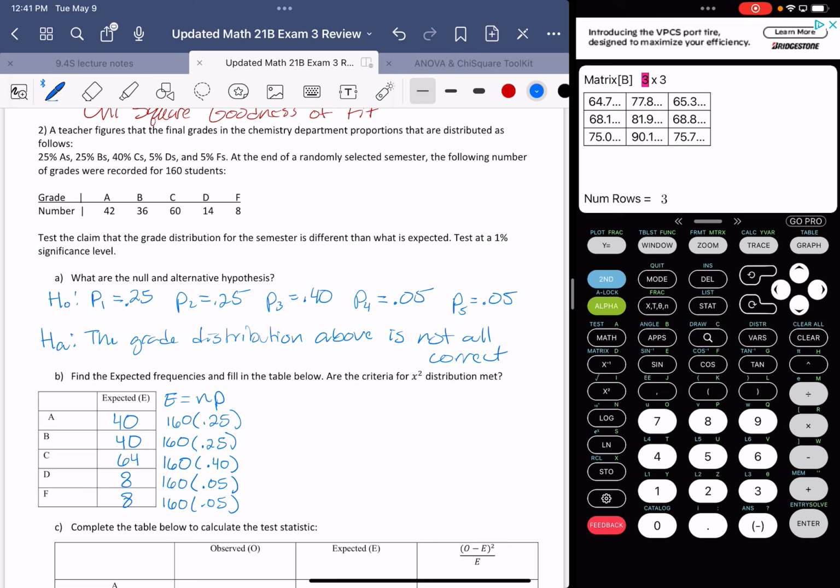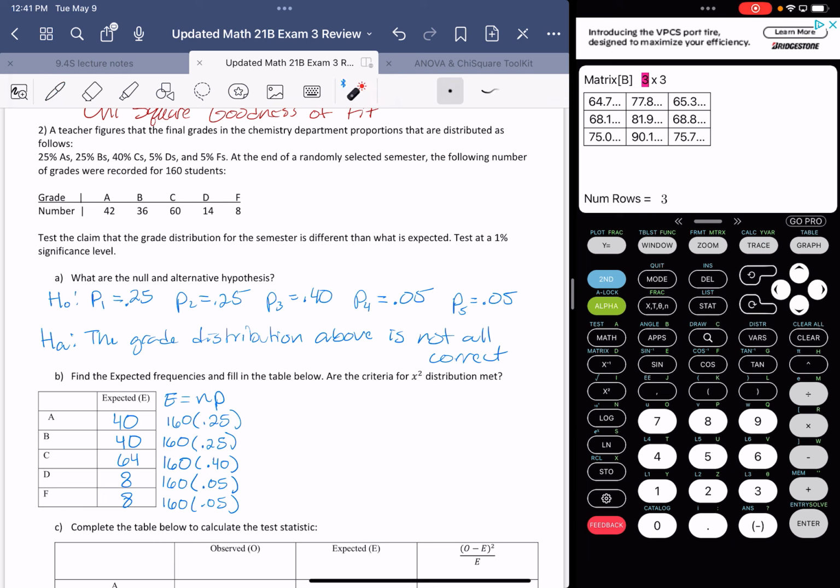Any questions here, guys? Please stop me if you have a question. Remember, the goodness of fit test is the one where you actually have to do it by hand. There are going to be multiple steps where we're filling it in by hand. Any questions?